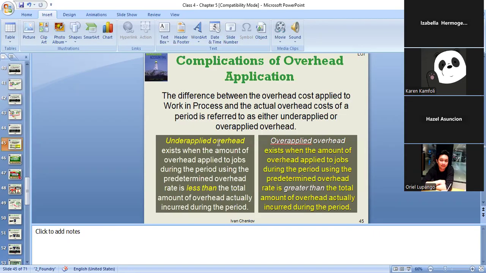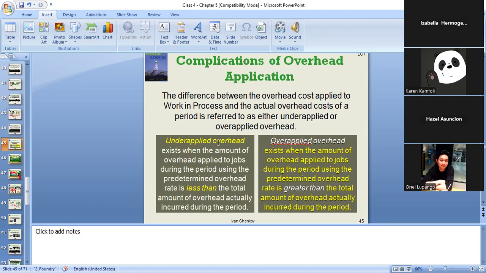So for the overhead, again, you have two options here. Option one is under applied overhead. Under applied overhead exists when the overhead applied during the period is less than the actual amount of the overhead during the same period.